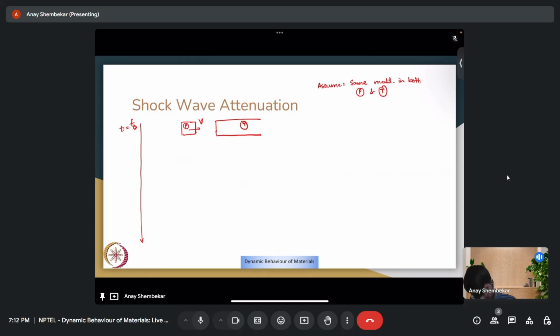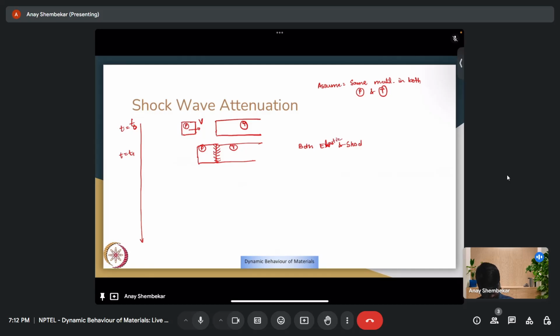When at the point of impact, t equal to t1, you would have projectile P and target T. You would have some disturbance which starts to propagate from the projectile-target interface into both the target as well as the projectile. This would normally involve both elastic wave and shock waves.